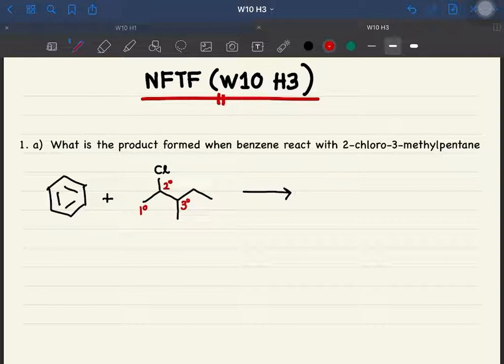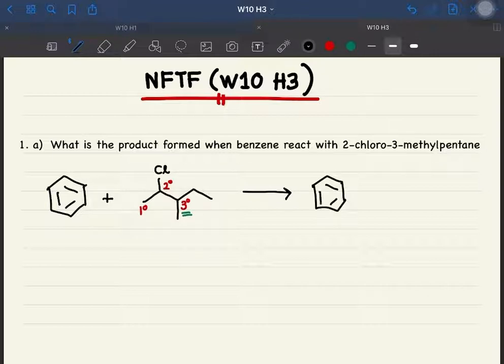We initially are going to form a secondary carbocation, but if we have the possibility to get a more stable carbocation, then we need to do something called rearrangement during the first steps. So we're going to take this tertiary carbocation to form the major product, meaning the alkyl benzene is going to be inserted at carbon number 3, giving us the product of benzene.